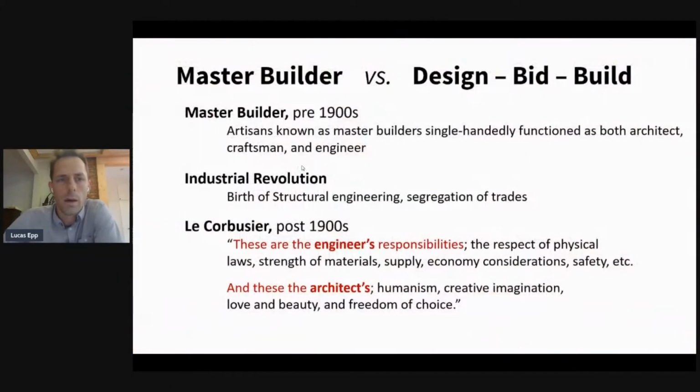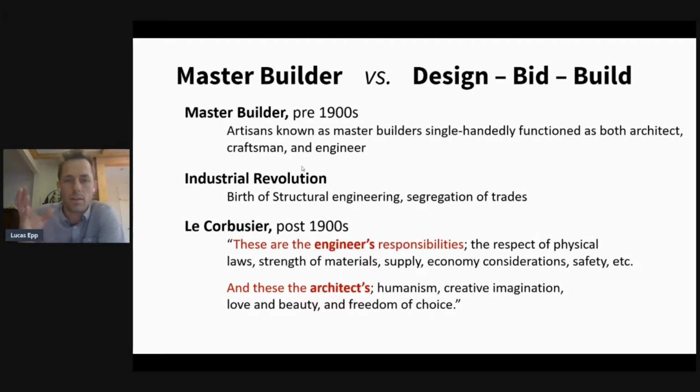I wanted to talk briefly about this concept of what a master builder is. Pre-1900s, people like Eiffel and Brunel were master builders who functioned as both engineer and builder, and sometimes architect as well. Then through the Industrial Revolution, we saw the segregation of design into different components.